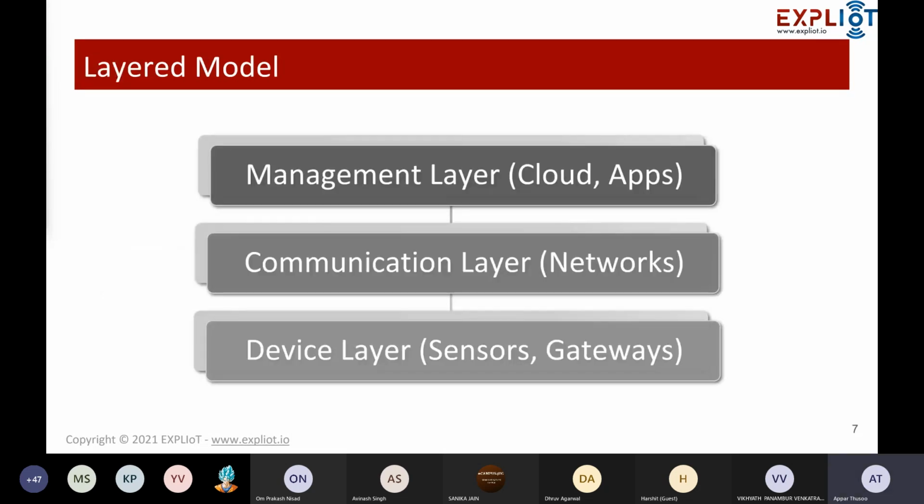At a very high level, this is what we can classify as a layered model of IoT. You have the management layer at the very top, which includes your cloud and the applications. Then in between, you have your communication layer, which basically consists of your networks.